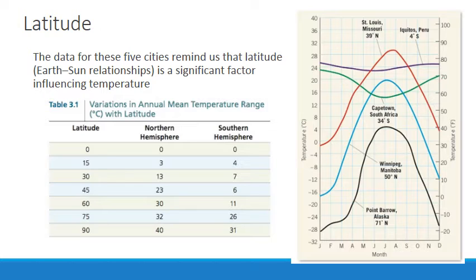To explain those situations and a bunch of others, we have to realize that there are factors besides latitude that influence temperature. So we'll talk about those, and I'll list them here. One is the differential heating of land and water surfaces.